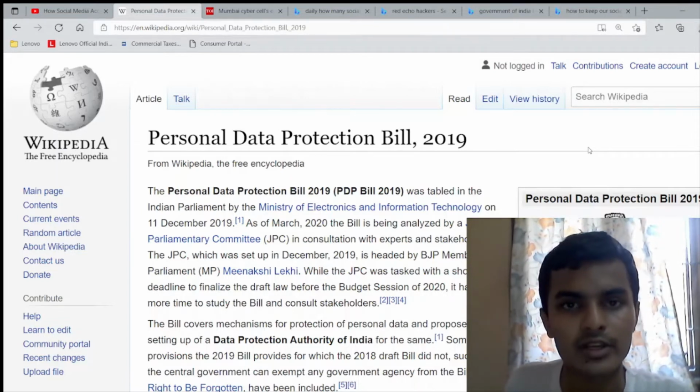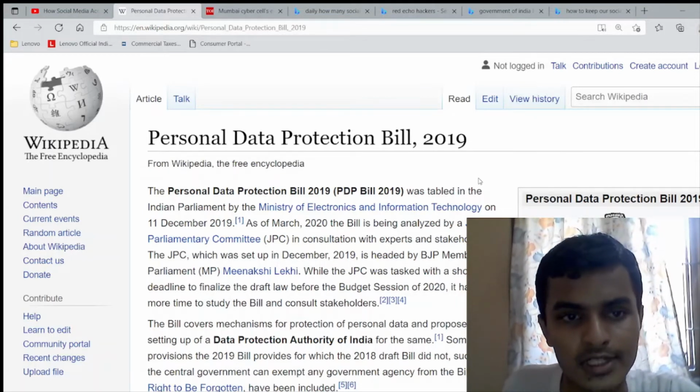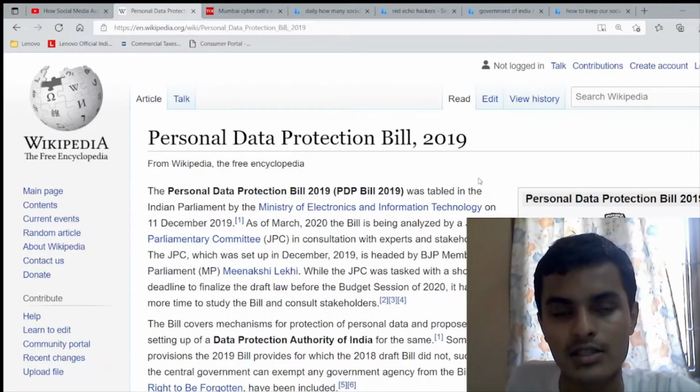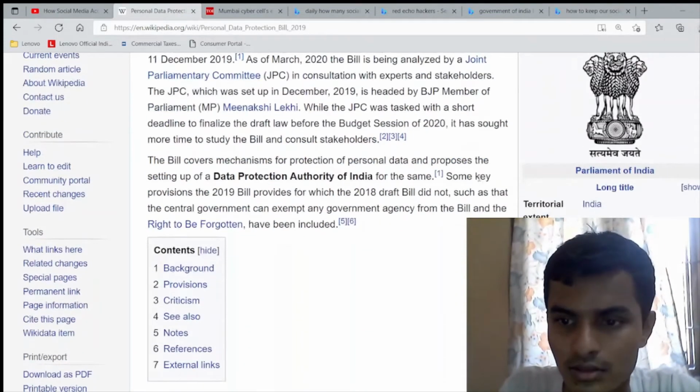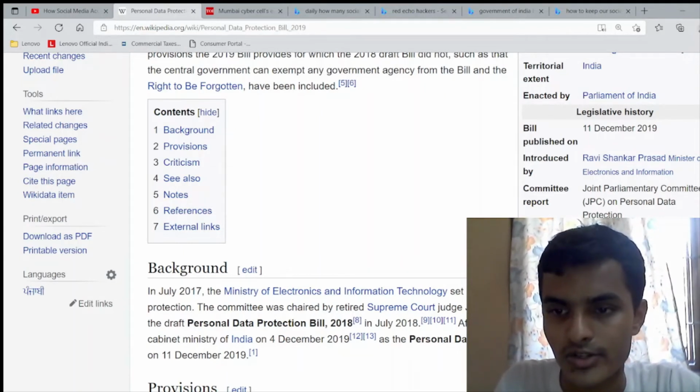So we have to be very careful about that. I support this Personal Data Protection Bill 2019 because it has to be passed. Then only our data will be protected by the Ministry of IT. It is still pending in our constitution. Let's see, hoping it will be passed in the future.